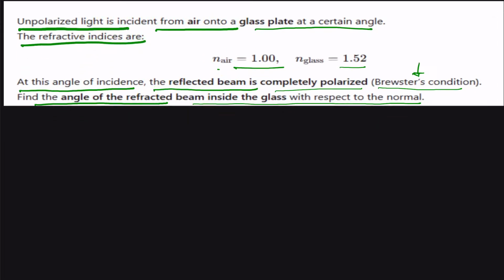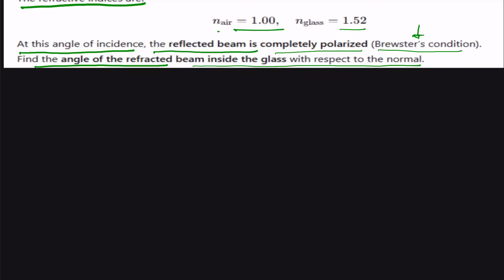So in this case, we can just draw an approximate figure for that. Suppose this is our boundary and we are having a normal, and at one particular angle, let us suppose this angle is I P. Let us suppose this is N1 and this is N2.